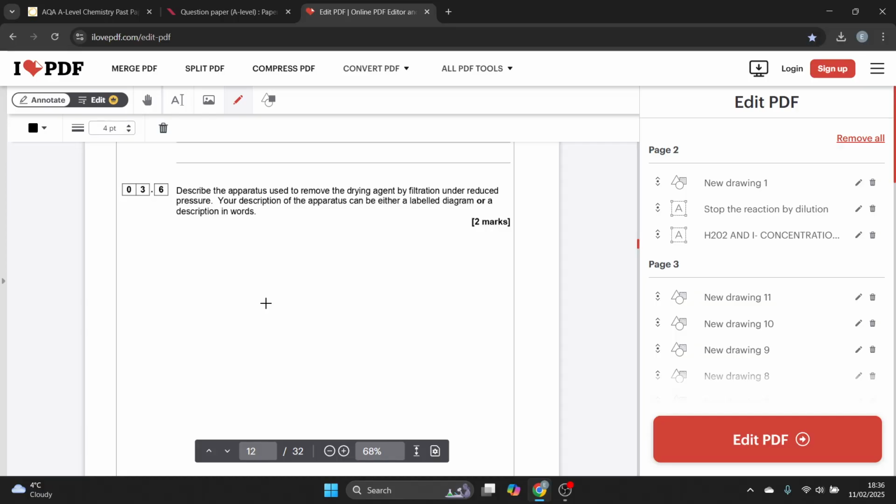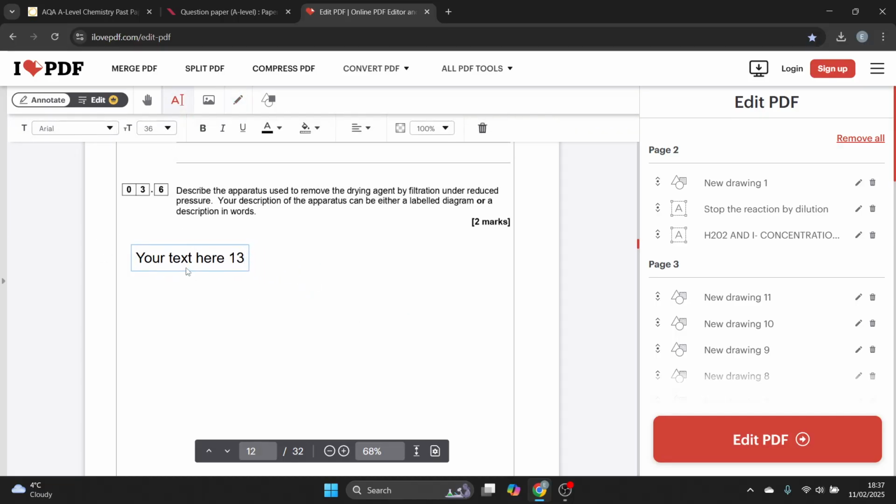So, remove the drying agent by filtration under reduced pressure. So you need the Buchner funnel.